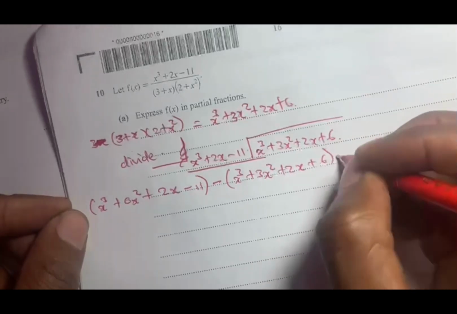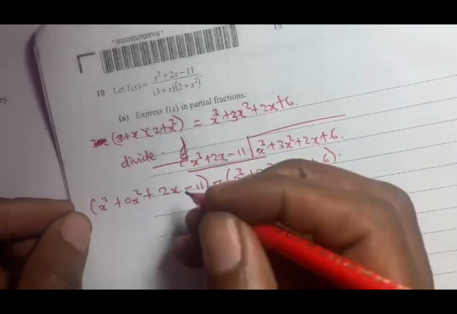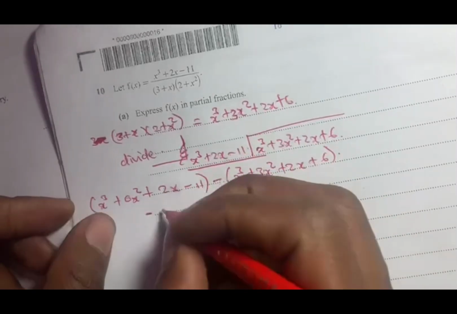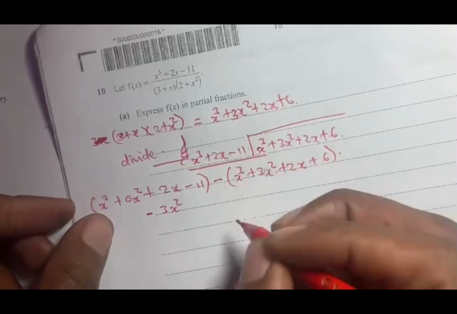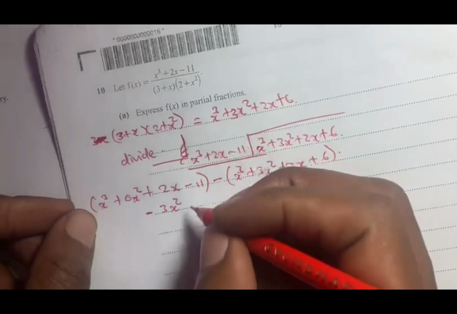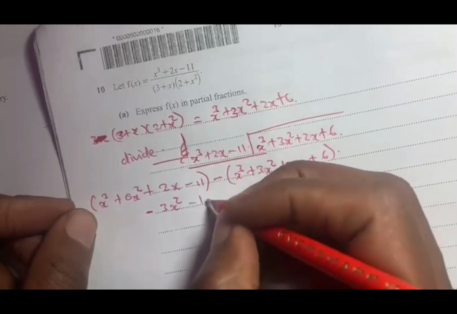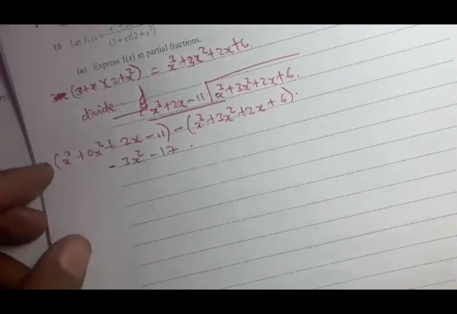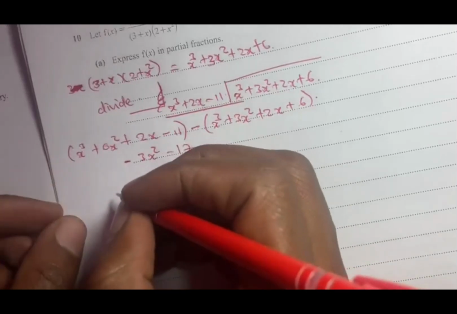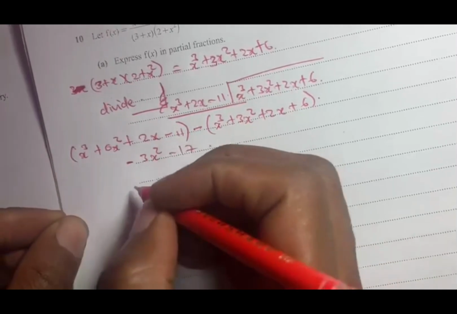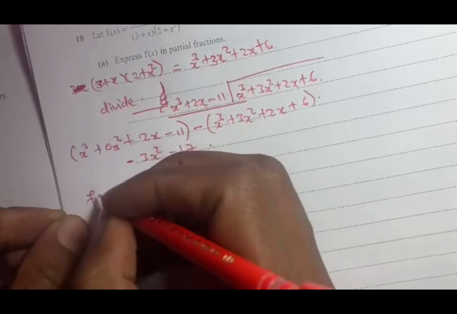So this will give me minus 3x squared minus 17. So to put it in partial fraction, the function rearranged.